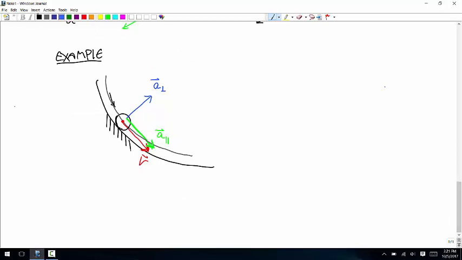And now the total acceleration is equal to this plus this, and so the acceleration vector is in this direction.